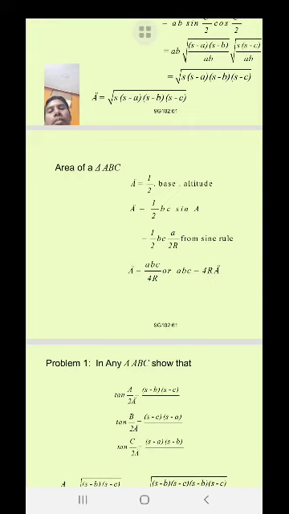So abc by 2 into 2 is 4R, so abc by 4R. Then abc equals 4R into area of the triangle, or 4R into delta bar, or we can simply write 4R into delta also.